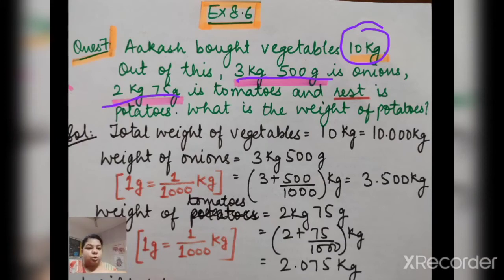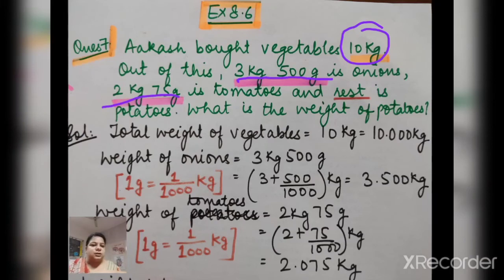From the total weight of the vegetables, you have to add the weight of two vegetables and subtract it from the total weight, and before that we have to convert everything into kilograms. Total weight of vegetables 10 kg means it is 10.000 kilograms.